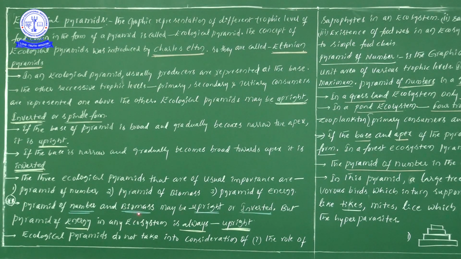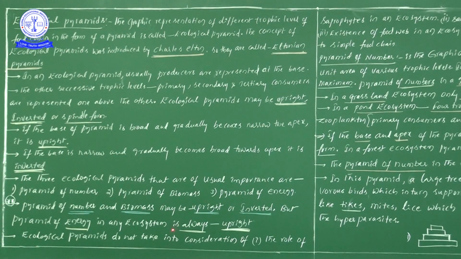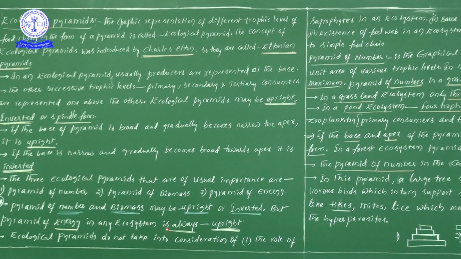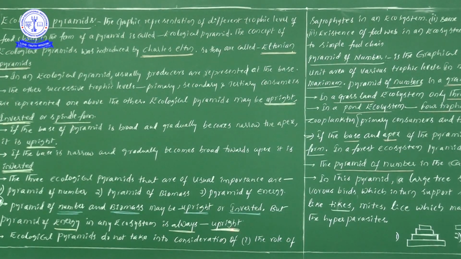Likewise, the pyramid of biomass may also be upright or inverted. But the pyramid of energy, in any ecosystem, will always be upright.